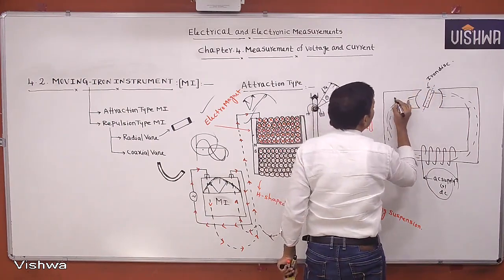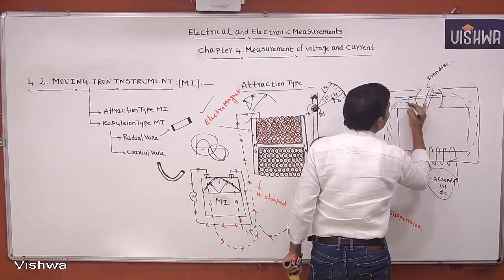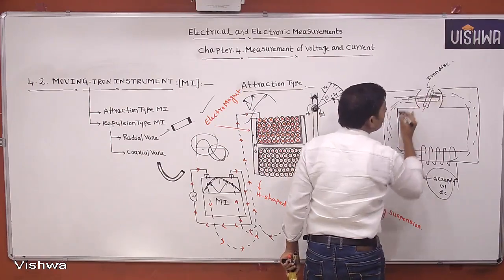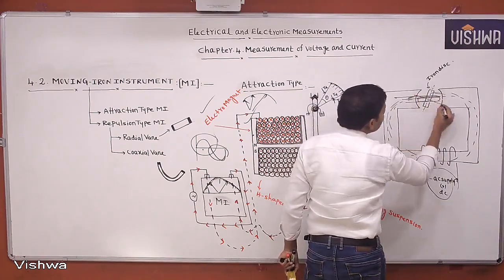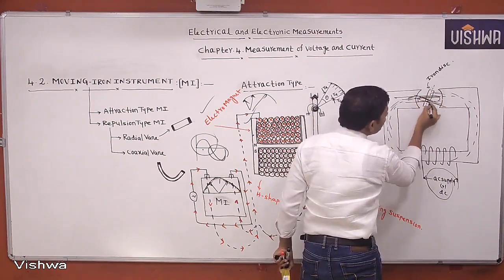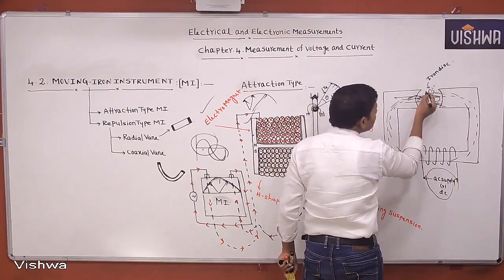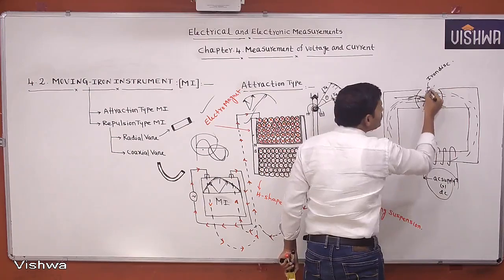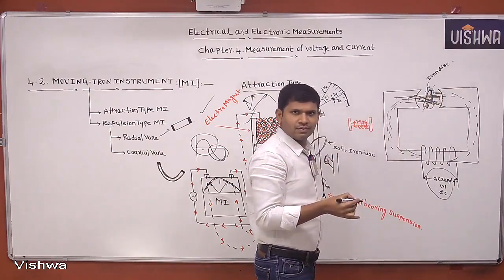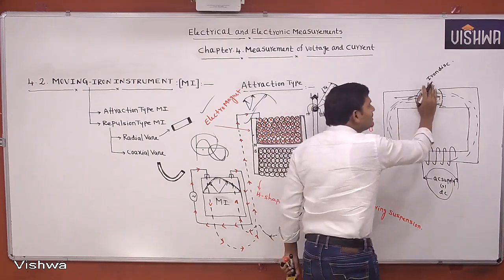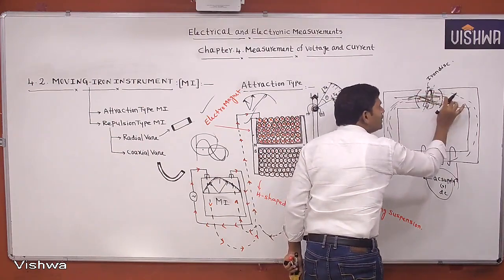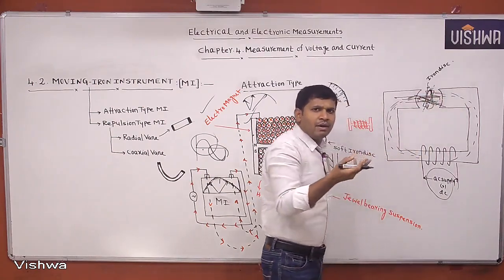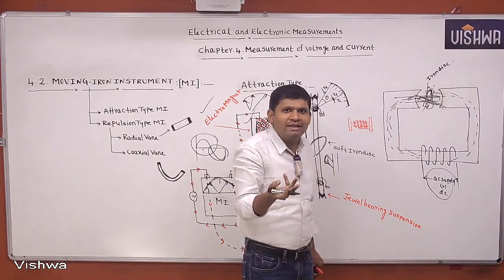For example, if the field lines are moving like this, then the iron disc will be like this. If this iron disc is not present, what is that path? Air path. Air is the medium, which offers high reluctance.